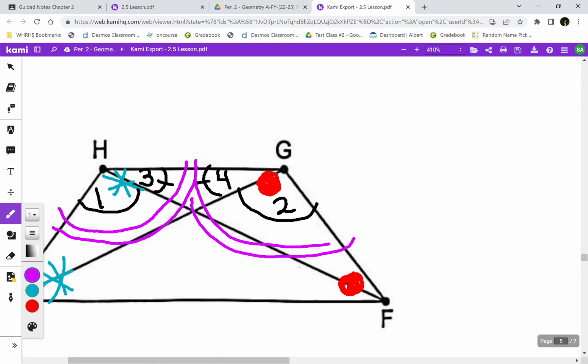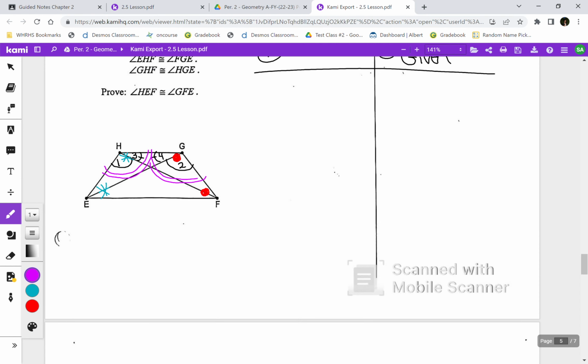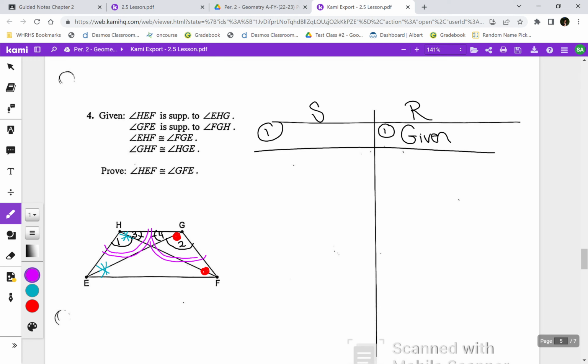Since the parts of the angles are congruent, the whole entire angles also have to be congruent. What is that, addition or subtraction? Addition, very good. So we're going to write that angle EHG is congruent to angle FGH. That is addition.